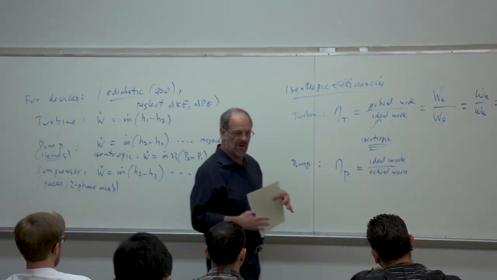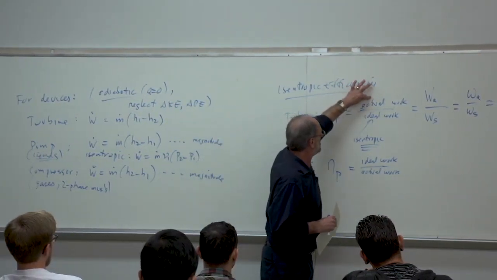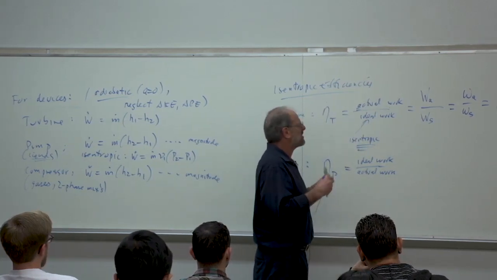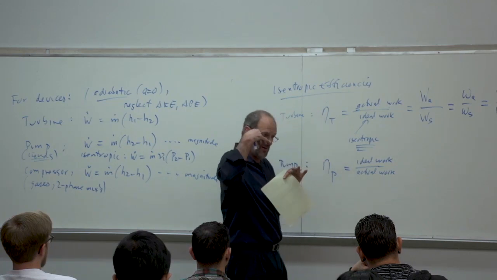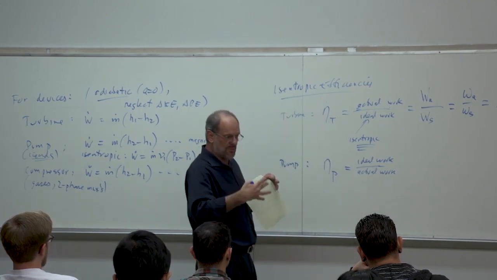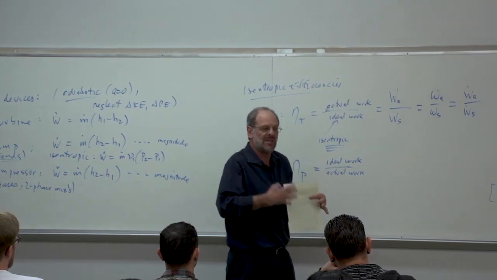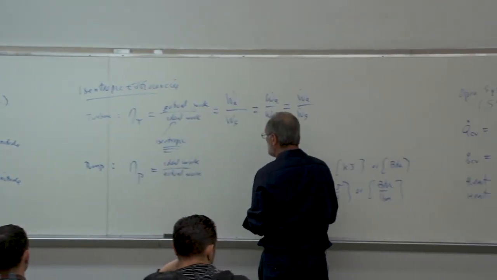You also have the friction. So the actual work is less than the ideal work. Some of that ideal work also has to overcome the friction losses, and as such, the actual work that we get out of that turbine is going to be less than the ideal amount of work.